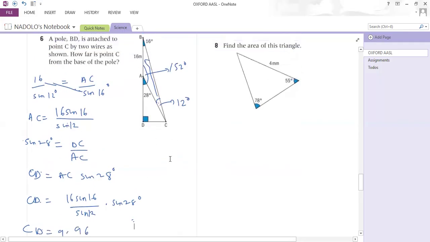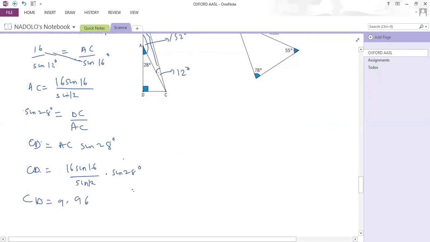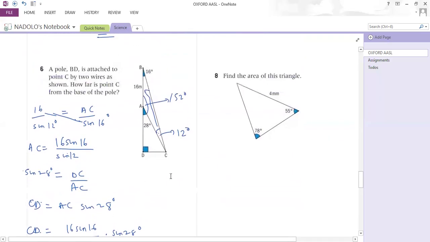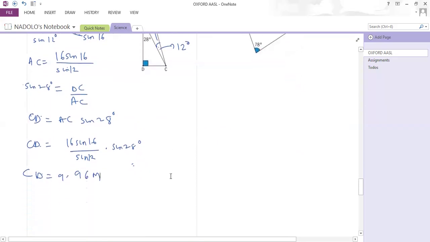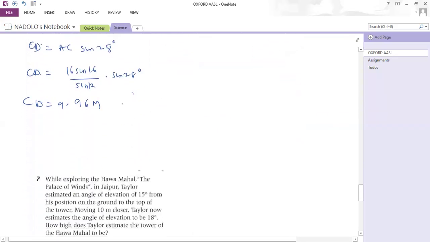We have units, it's meters. 9.96 meters. So how far is point C from the base of the pole? Point C is 9.96 meters from the base of the pole.